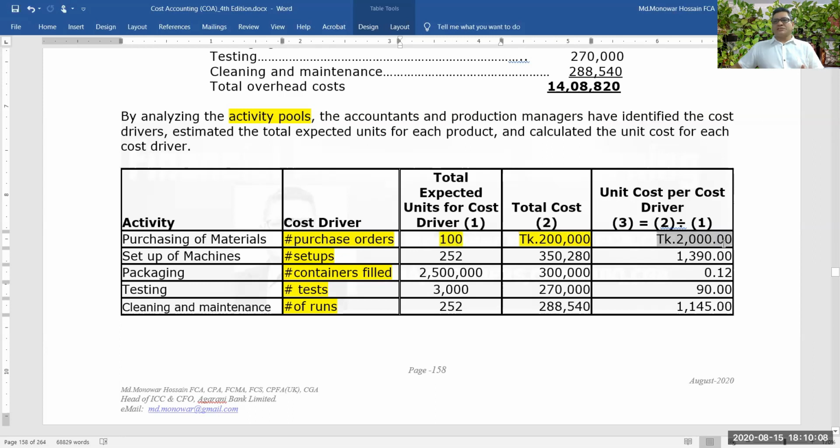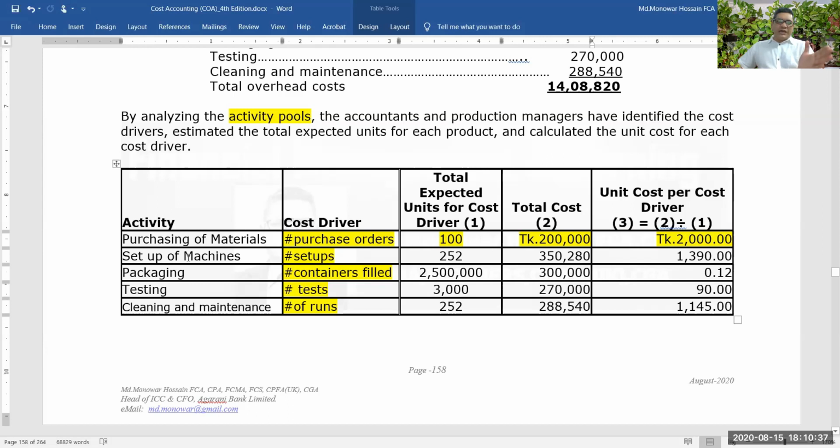So cost per cost driver, unit cost per cost driver is here. So purchasing of materials, the cost driver is purchase orders, and total expected unit, that is purchase order 100, and total cost 2 lakh. So we divided 2 lakh by 100 number of purchase orders, then per purchase order 2000 is the expense.